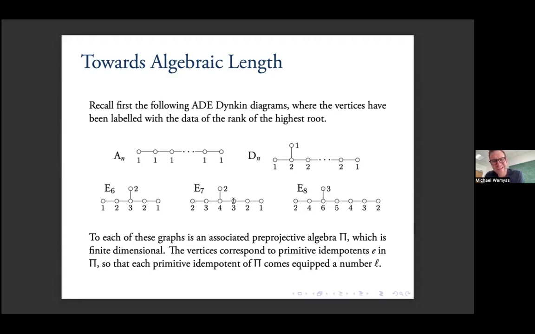And so in particular, each of these primitive idempotents comes equipped with a number. So if you're in the preprojective algebra of type D, and I choose this idempotent, it comes with the number 2. If I'm in this preprojective algebra and I choose this idempotent, it comes with the number 3. I'm just associating a number to idempotents in the preprojective algebra.